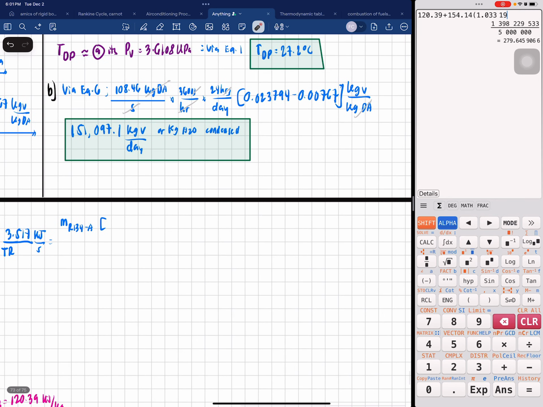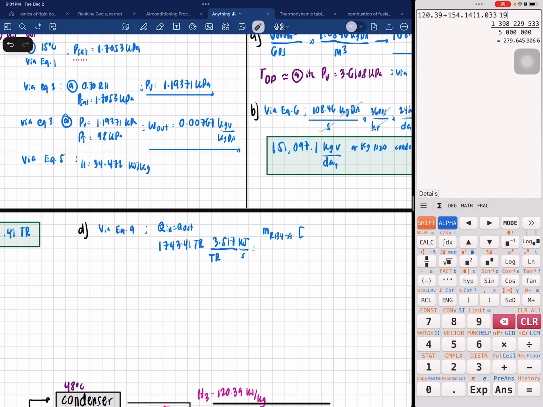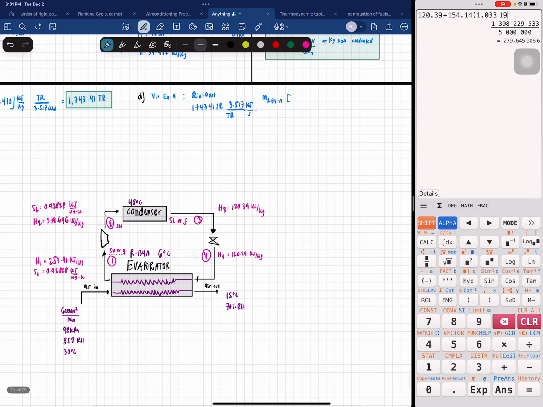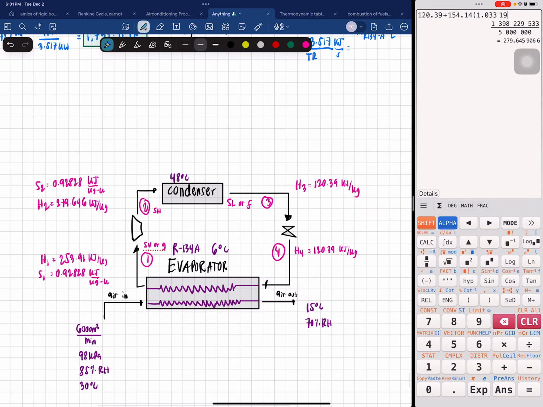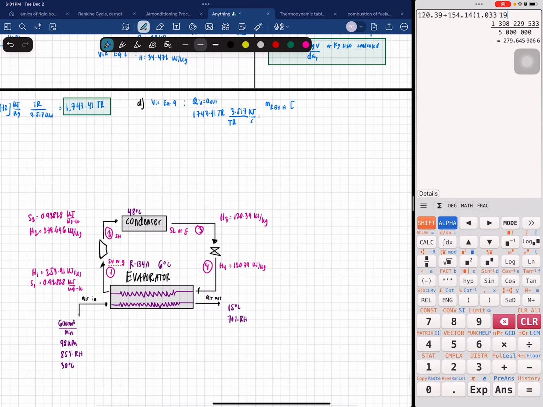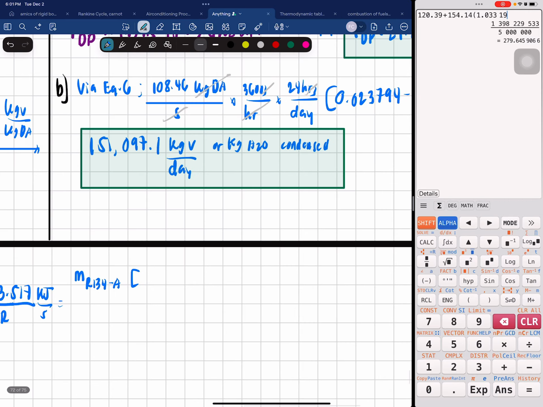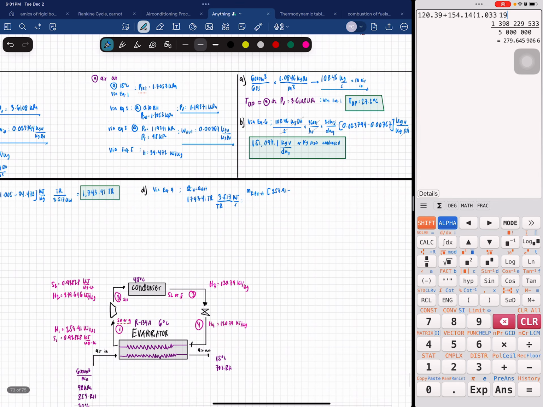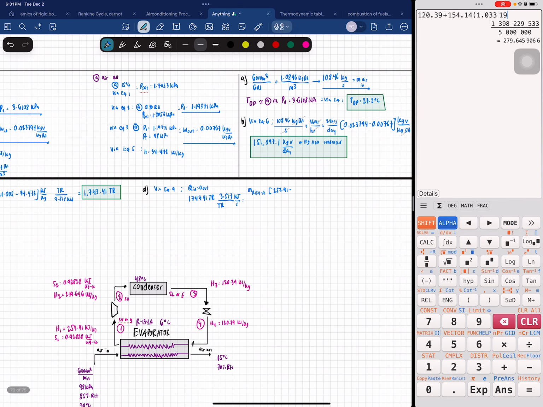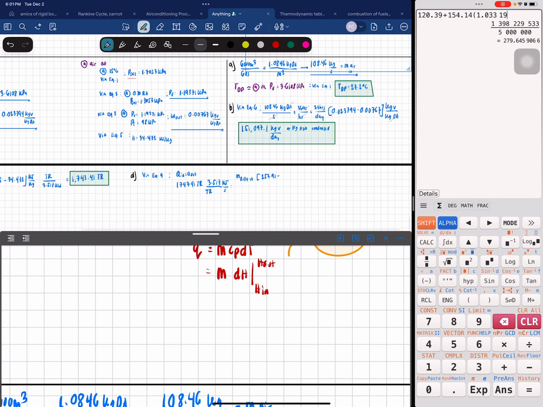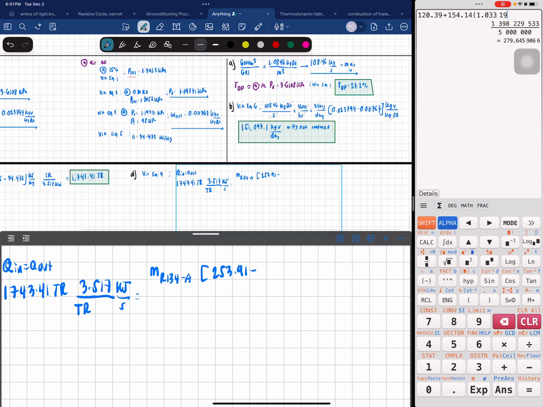Okay, so it's gonna be between 253.91 minus 120.39 kilojoules per kilogram.